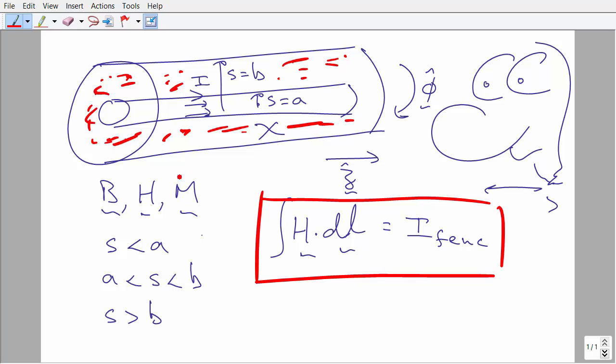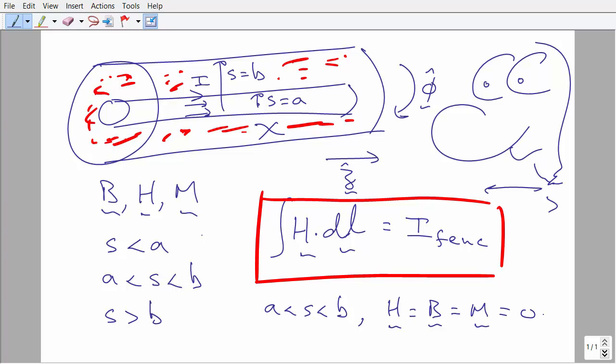Since there's no magnetic material, M must be zero, and therefore B must be zero. So in the region inside the inner conductor, all three fields are zero. All right, first straightforward result.